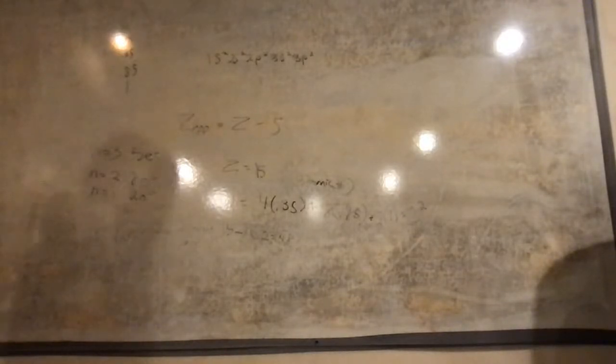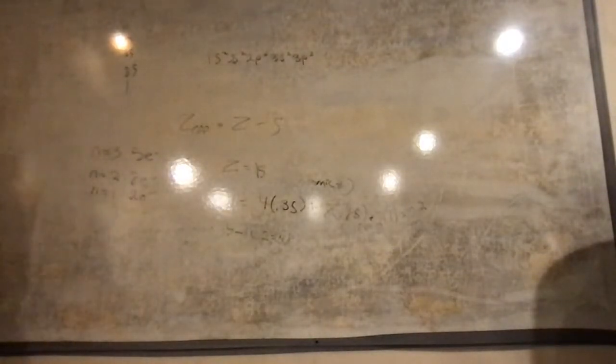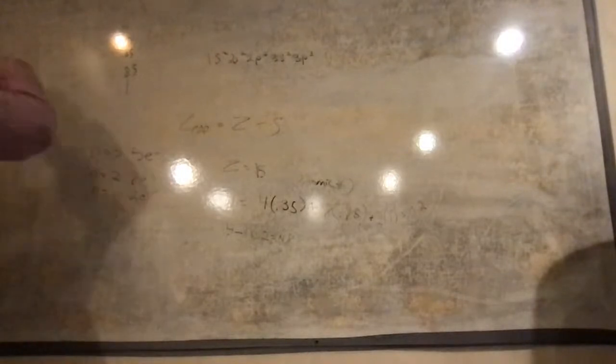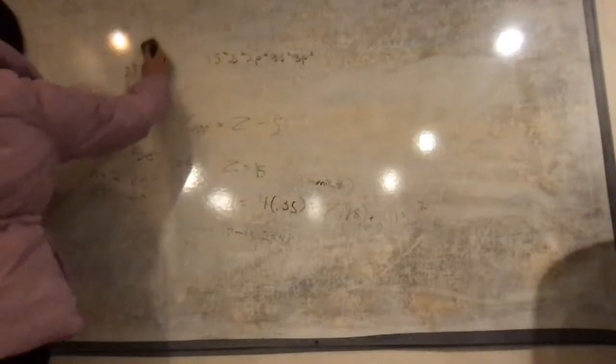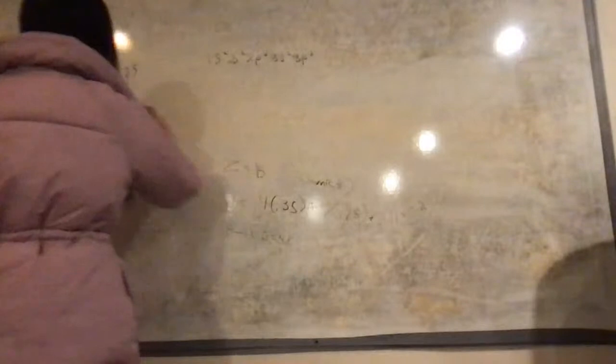Now we're going to talk about periodic trends of Z effective. The effective nuclear charge generally increases from left to right. That is because the number of protons increases as you go from left to right on the periodic table.